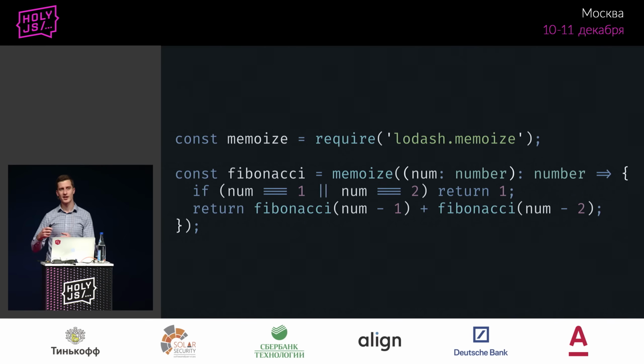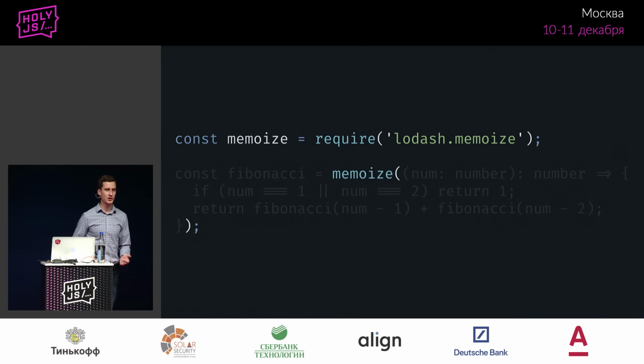Inside of it, memoize is just going to create a cache in terms of a map. And it is going to associate on each invocation of the function the inputs, or the arguments of the function itself, with the result that the function produces. And yeah, that's pretty much everything that we need to do.